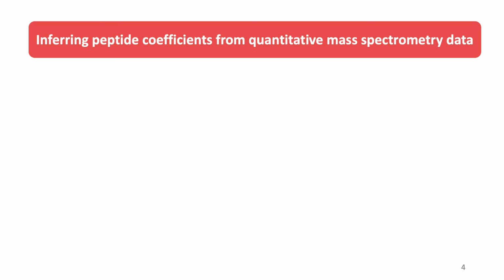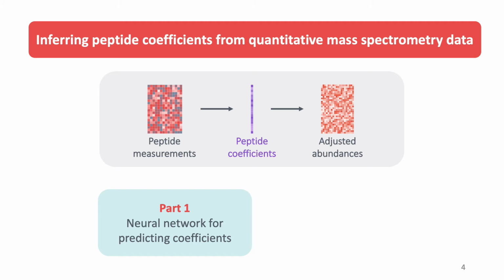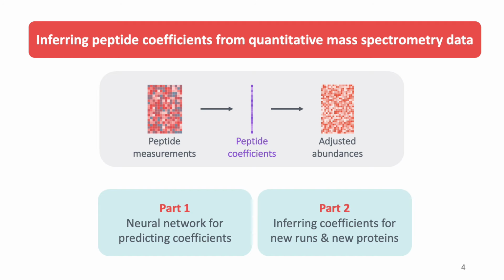We use these two assumptions to infer peptide coefficients from peptide measurements to reveal the adjusted abundances. Accordingly, we implement a deep neural network to predict peptide coefficients from the amino acid sequences of peptides. And we then demonstrate the ability of this neural network to predict coefficients for new runs and new peptides.